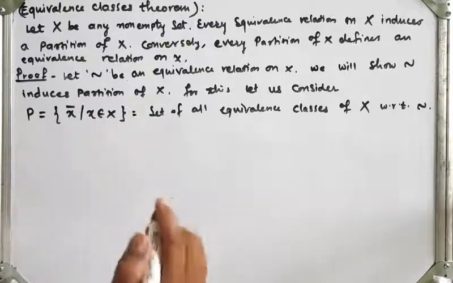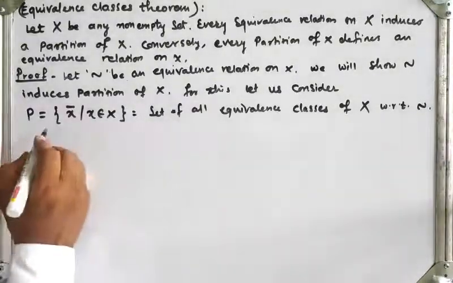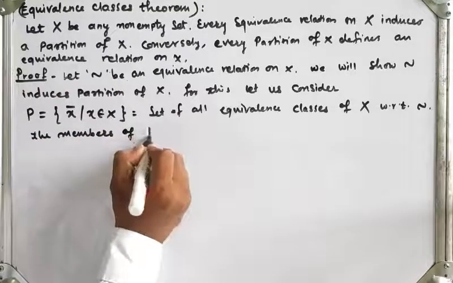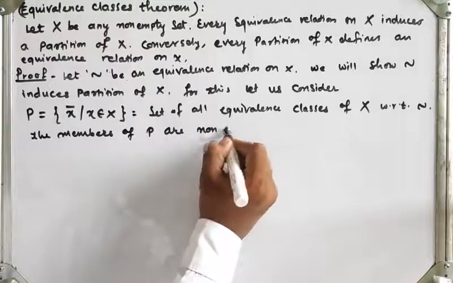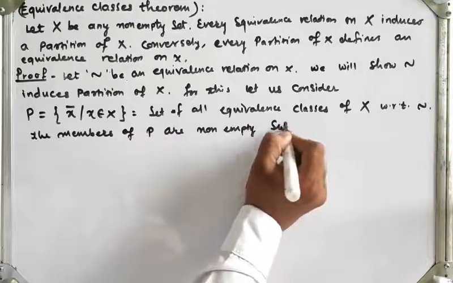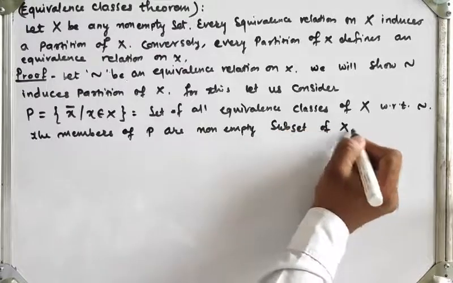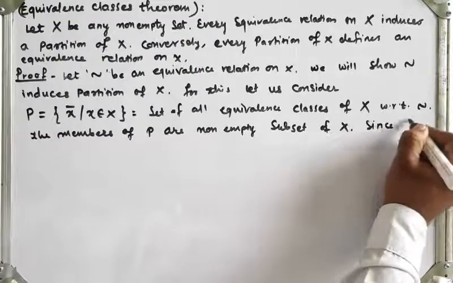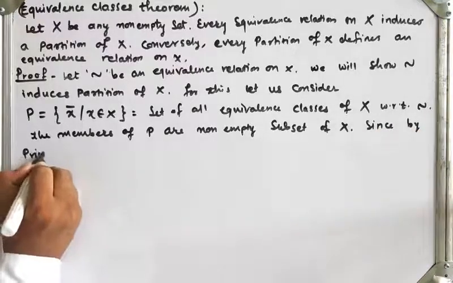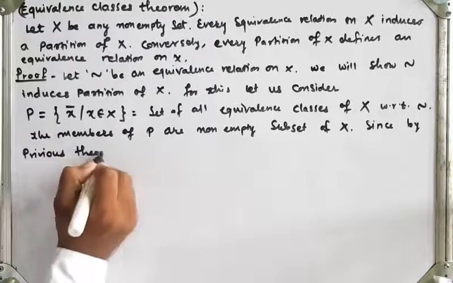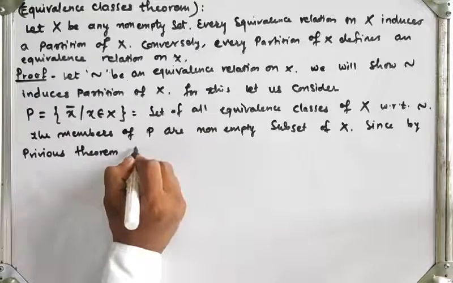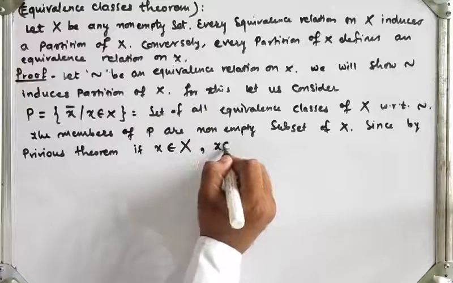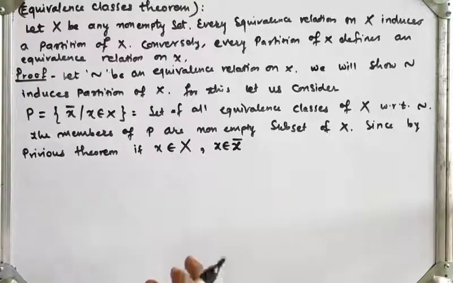So here I have defined the set P whose elements are all equivalence classes of X with respect to the relation tilde. Clearly, the members of P are non-empty subsets of X, since by the previous theorem, if x belongs to set X, then x belongs to the equivalence class x bar.